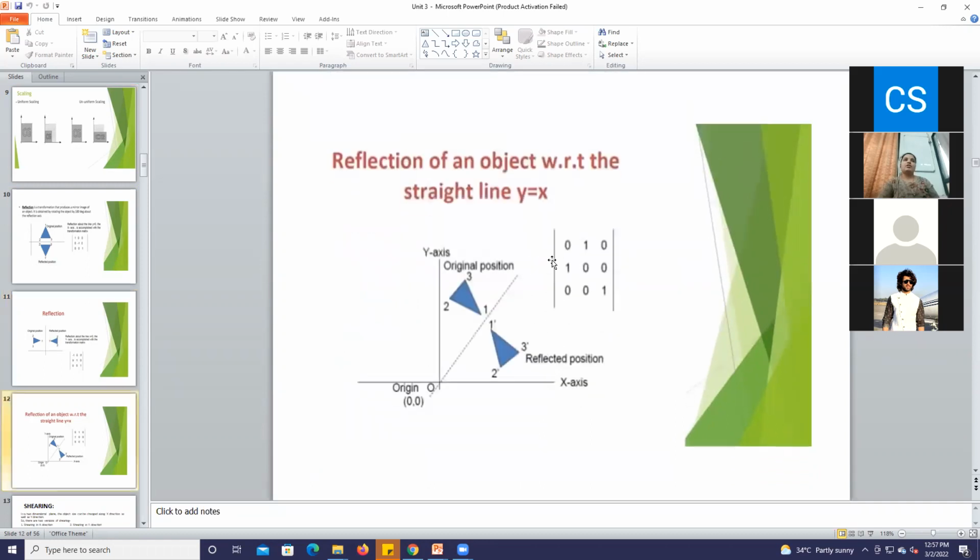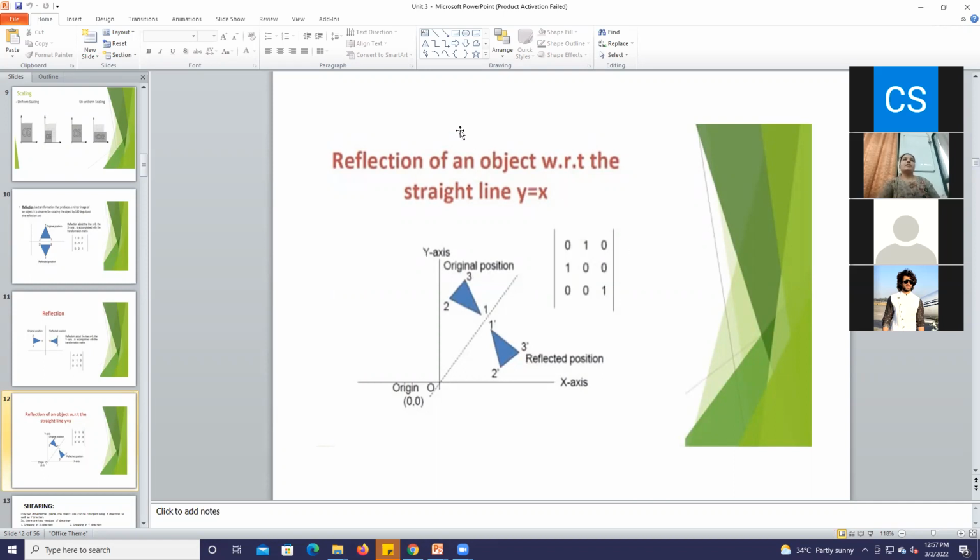Then y equal to x. Here we are making the diagonal elements 0 and the off-diagonal elements 1, which will convert y into x and x into y. So we have seen that for y equal to x reflection, x becomes y and y becomes x, and for that purpose this T matrix is defined.